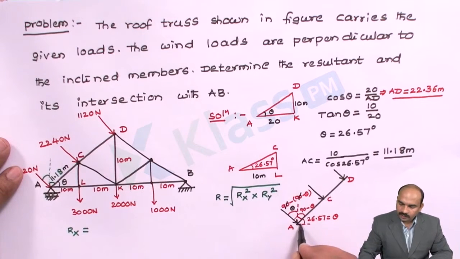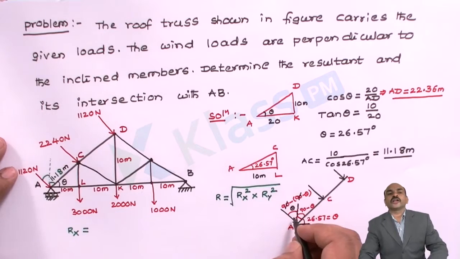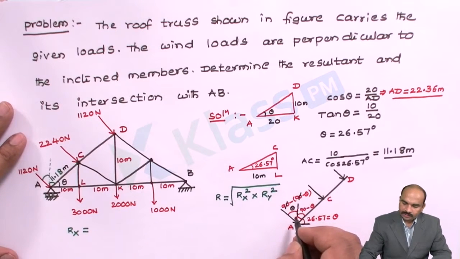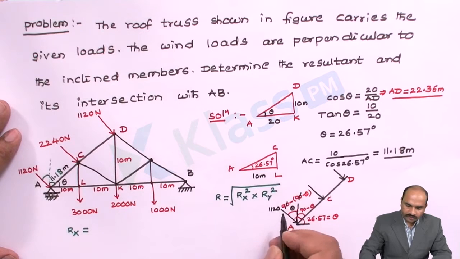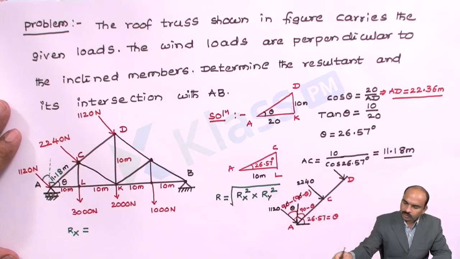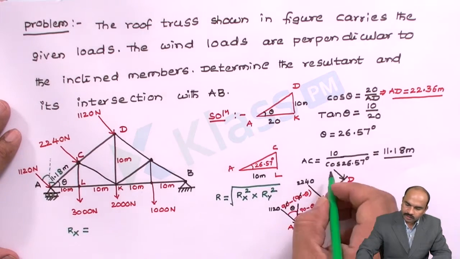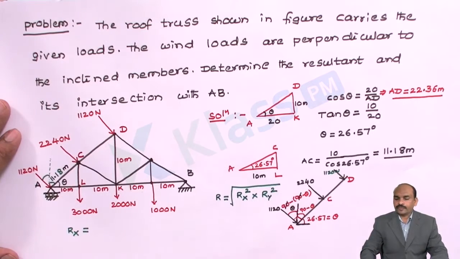Which means the angle of this force with the vertical is also the same angle. Now what is the force here? This is 1120. This one is 2240, and here this force is 1120 newtons.